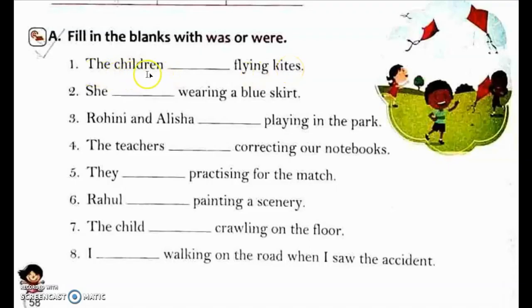So here we are talking about the children. So children is a plural noun. Very good. So was or were? Correct. Were. The children were flying kites. Number 2. She dash wearing a blue jacket. She is a singular pronoun. So she was. Alright. So this way you will finish off your exercise A.